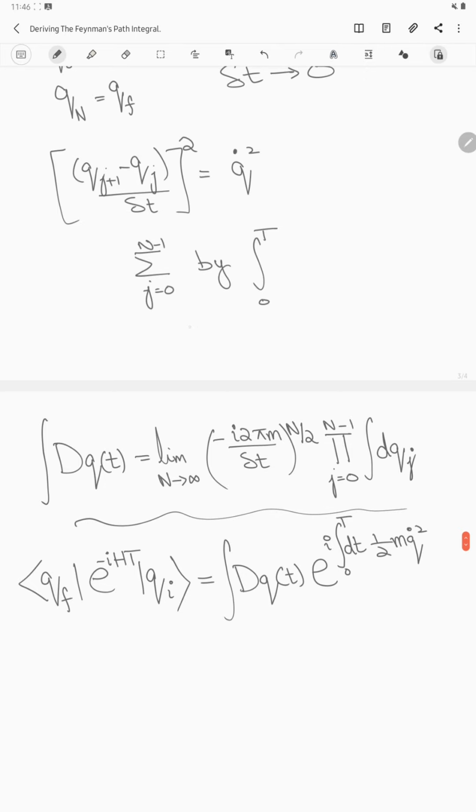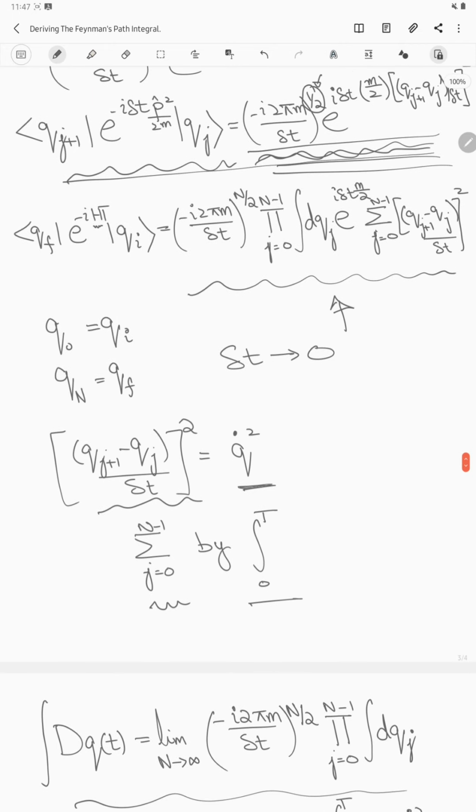Again, I have replaced the summation by this integral and this whole thing by q dot squared in this expression over here, right?